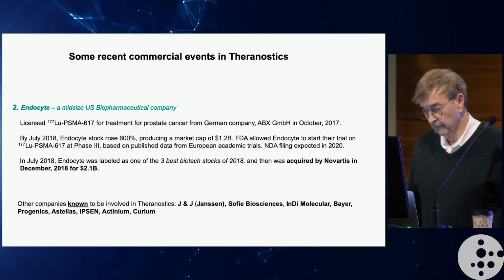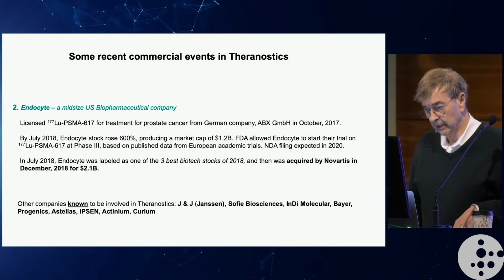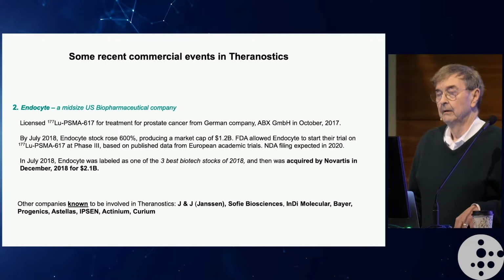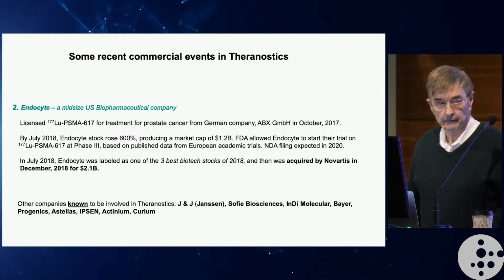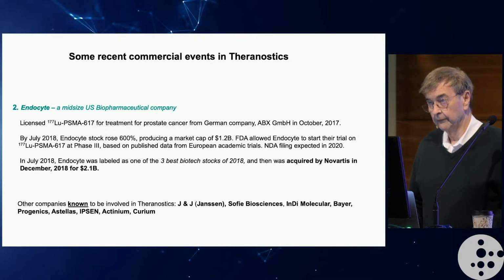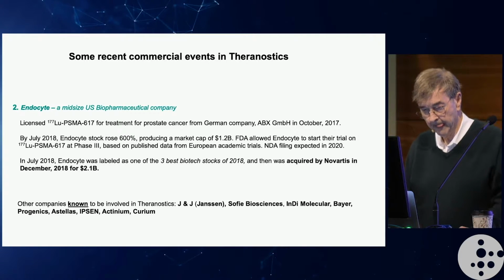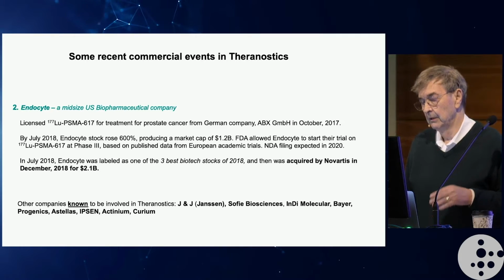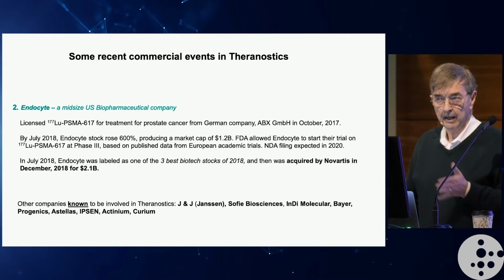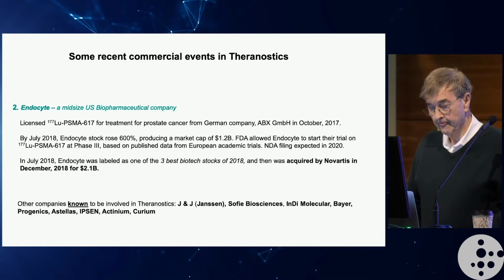Indocyte was considered in 2018 as one of the top 3 biotech stocks, and then was acquired by Novartis for $2.1 billion. Now, to many other companies, the growth in theranostics has been quite remarkable, both academic and commercially.